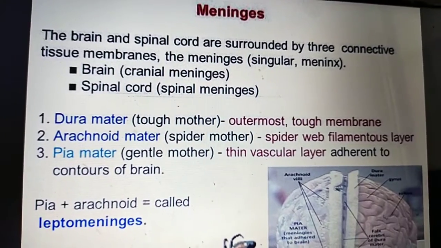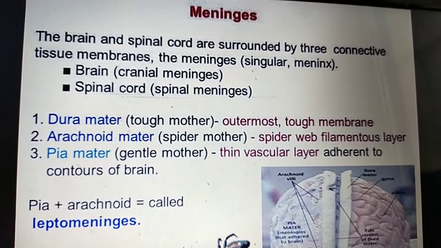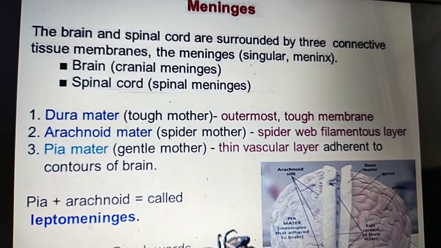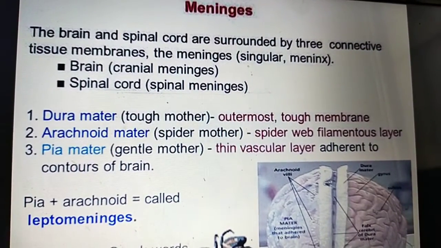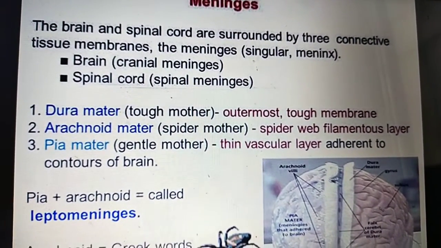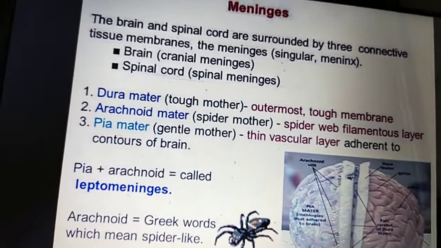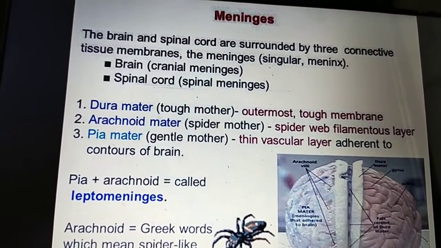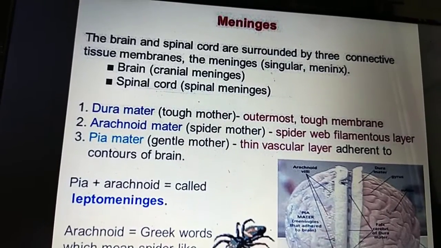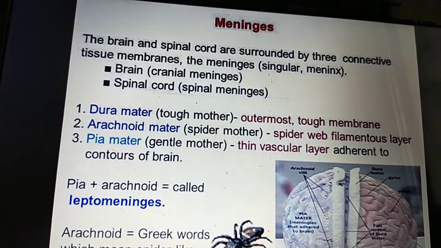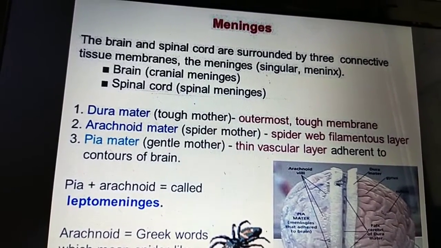Okay, the brain and spinal cord are surrounded by three connective tissue membranes that are the meninges, singular meninx: for the brain, cranial meninges; for the spinal cord, spinal meninges. Dura mater is tough mother, okay, the outermost tough membrane. Arachnoid mater is the middle layer, it is spider mother.